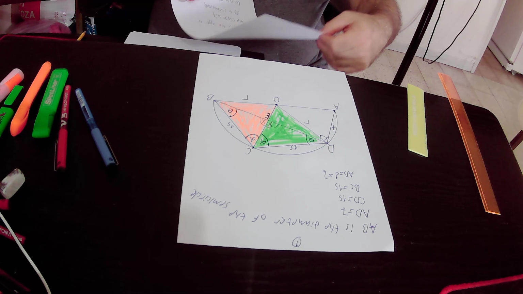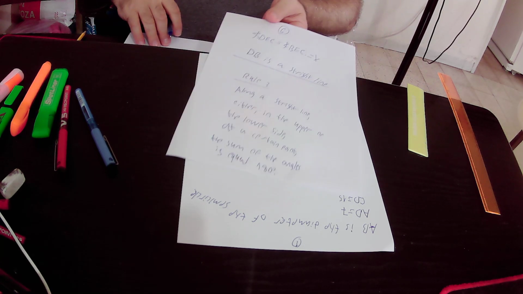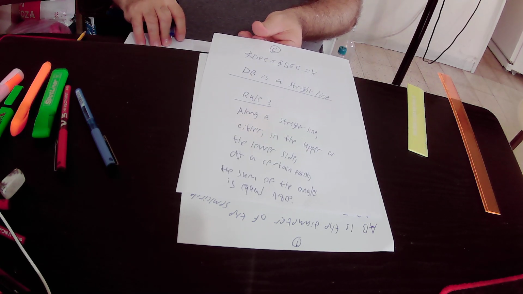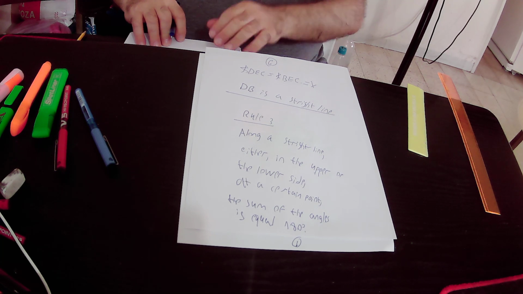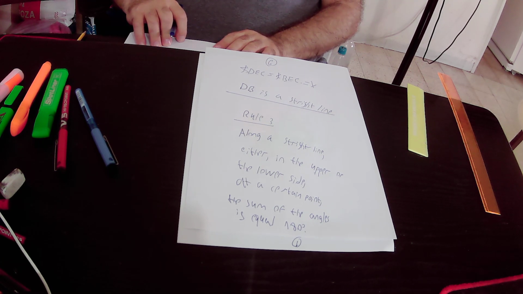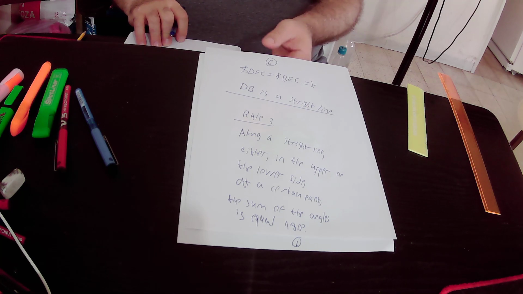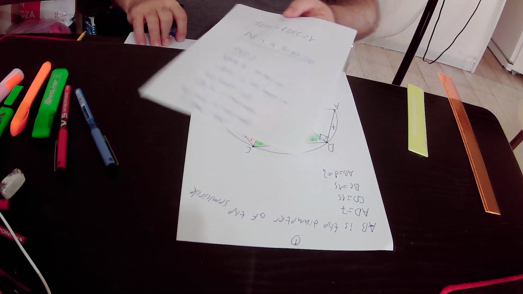I will read rule number 3 again. Rule number 3 states that along a straight line, either on the upper side or the lower side, at a certain point, the sum of the angles is equal to 180 degrees.